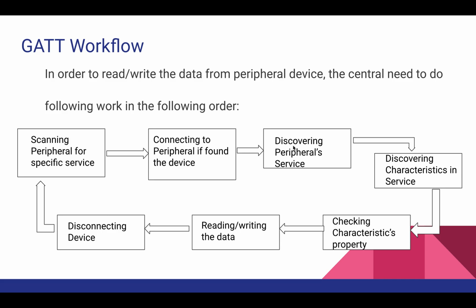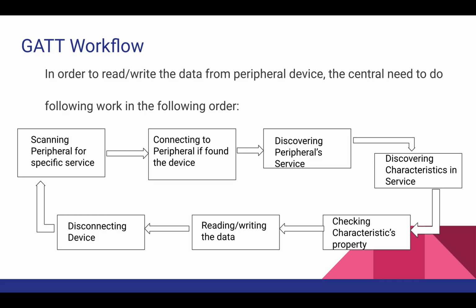When we discovered this service, because a service may contain many characteristics, we need to discover that particular characteristic for which we are looking. So when it found that service, it moved to discover the given characteristic.